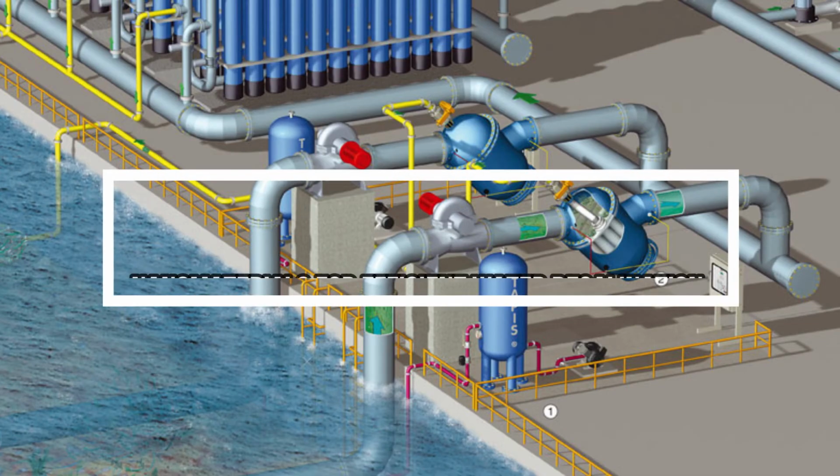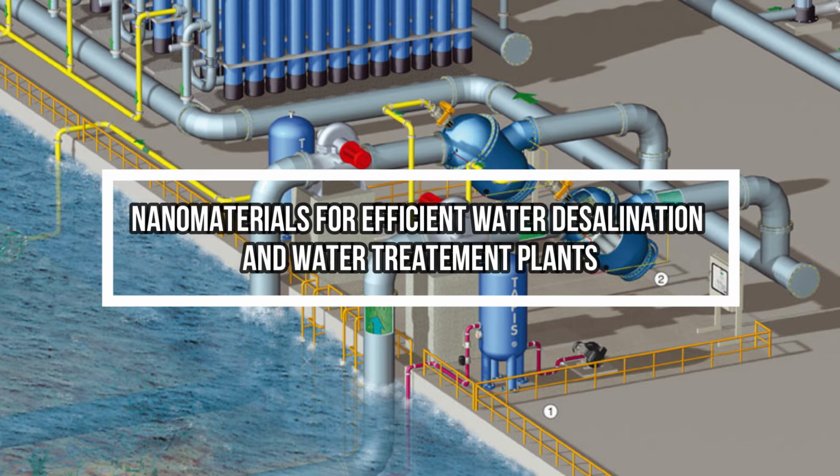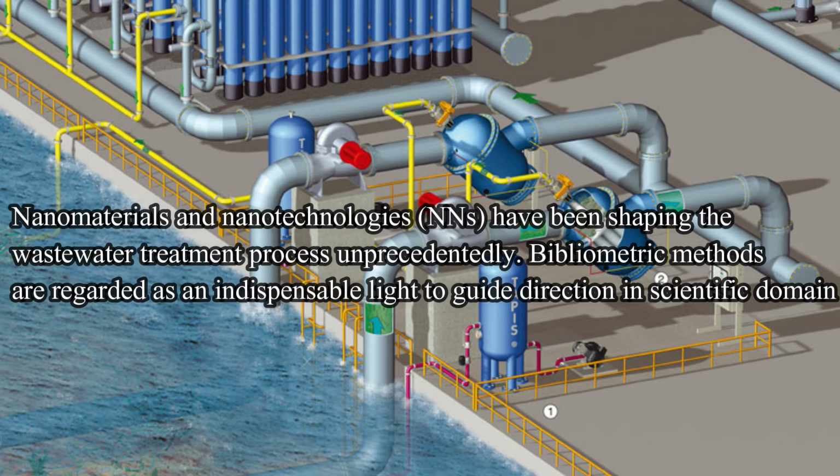The next AI application being used is nanomaterials for efficient water desalination and water treatment plants. This AI application is about nanomaterials and nanotechnologies, which have been shaping the wastewater treatment process unprecedentedly.